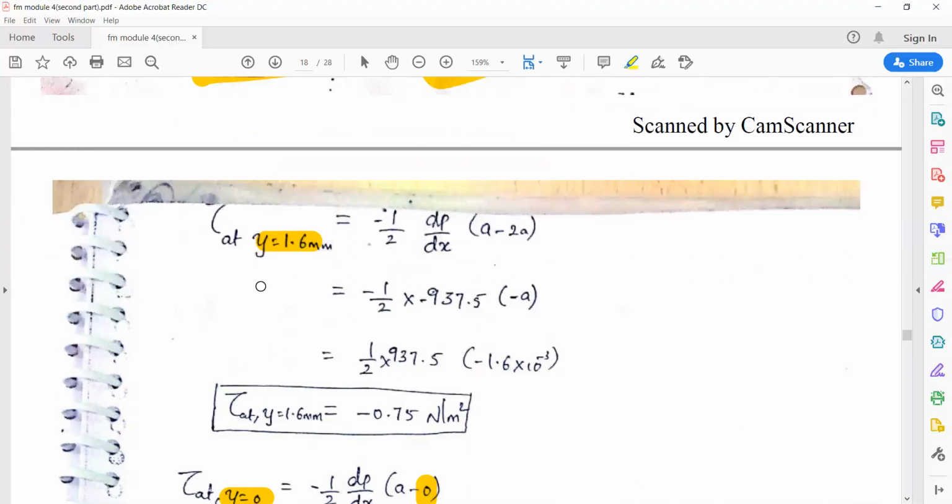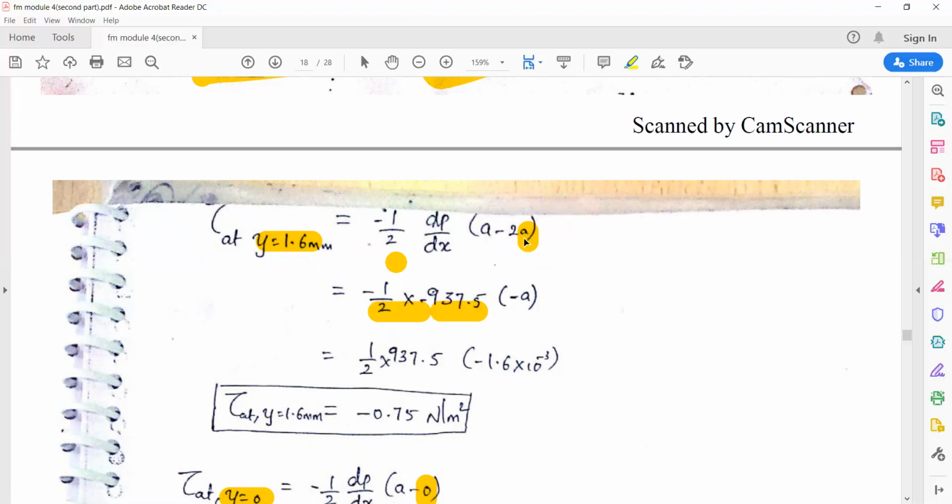Similarly, you need to calculate the shear stress at y is equal to 1.6. The formula is minus 1 by 2 into dp by dx into a minus 2y. All right. But y is equal to 1.6 here. So in place of a, you can substitute 1.6. Okay. So it becomes minus 1 by 2 into dp by dx. We have minus 937.5.